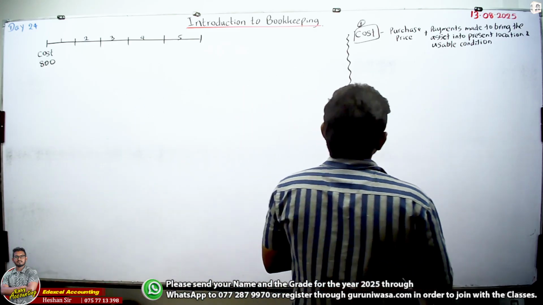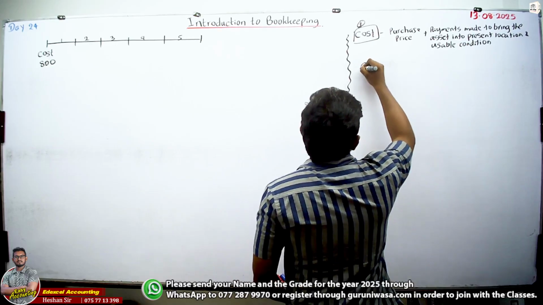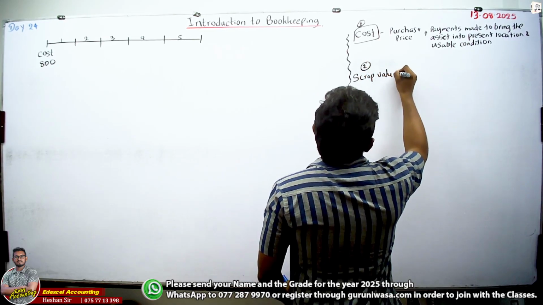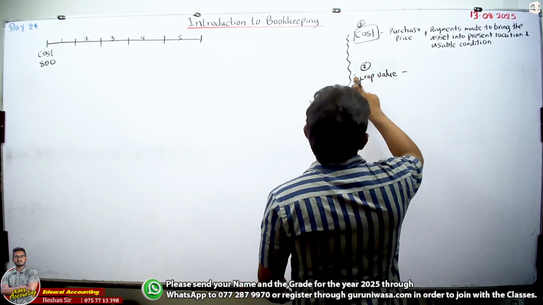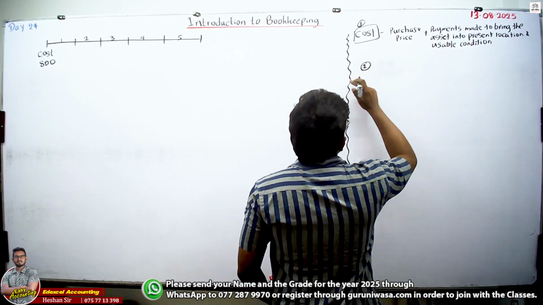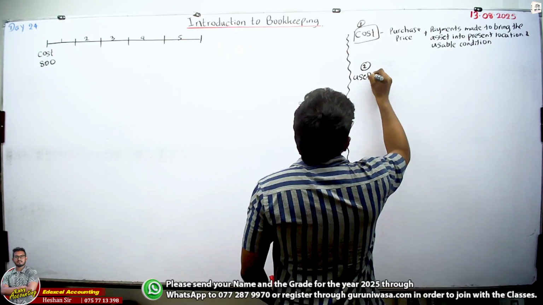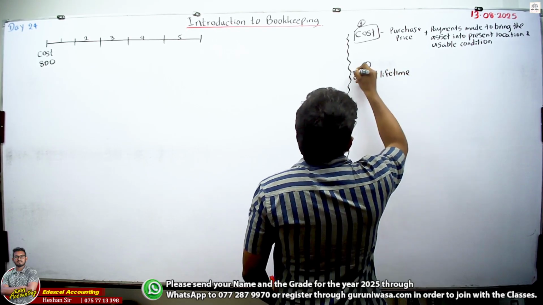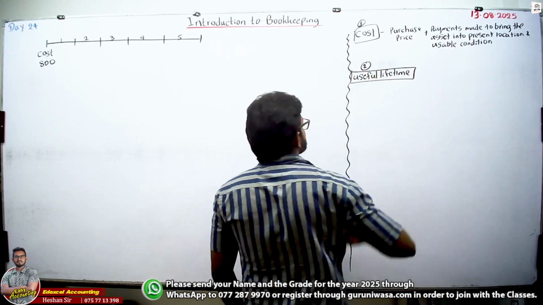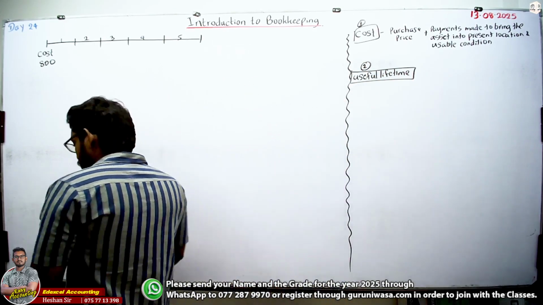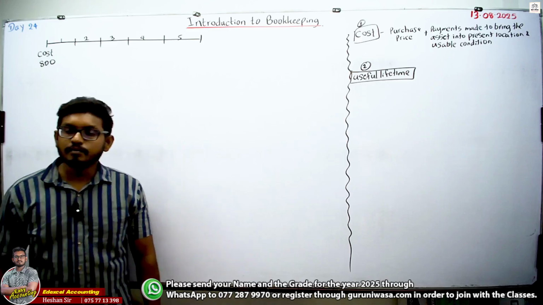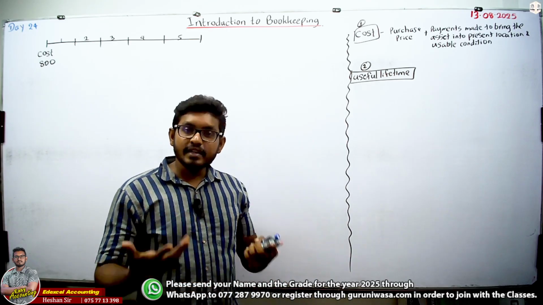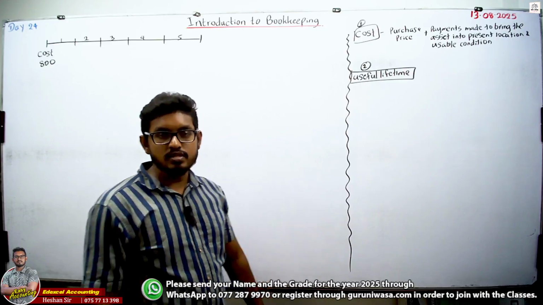The second thing you need to know about is scrap value. Now let's take the useful lifetime. What is the term called useful lifetime? Every time you purchase an asset, you need to tell how many years you expect to use it.